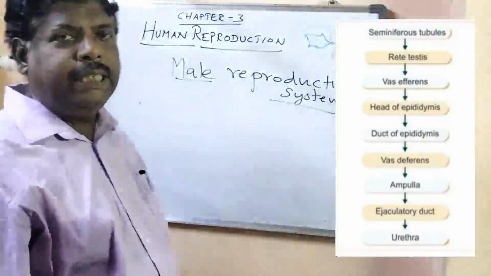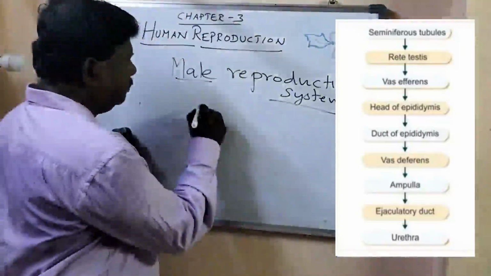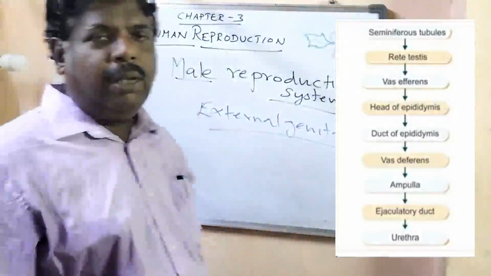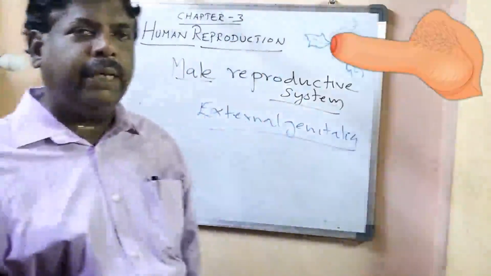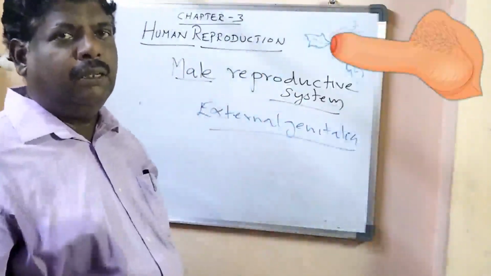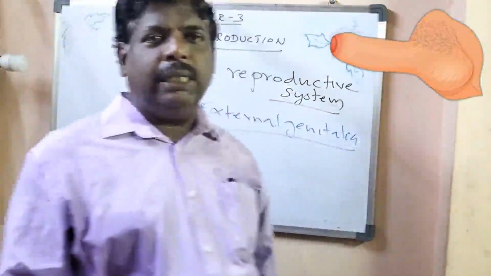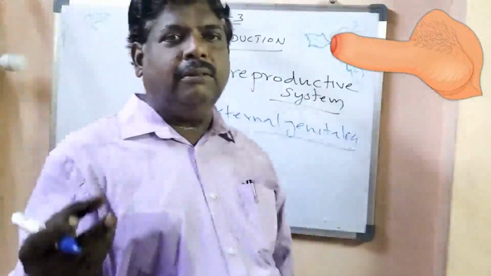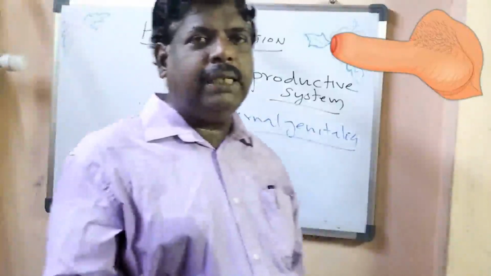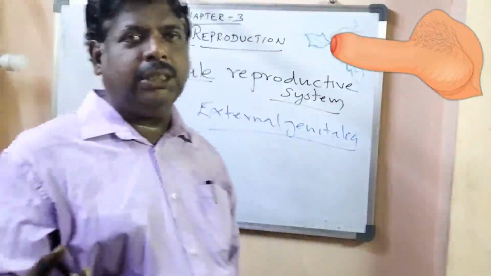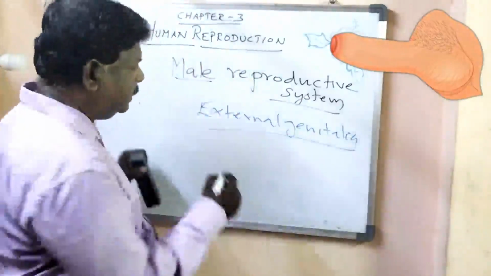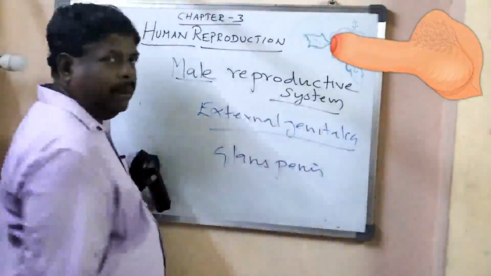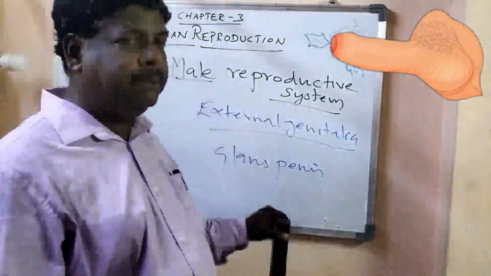Something about the external genitalia. It is nothing but the tubular structure called the penis. It has special tissue that helps in the erection of the penis. And the end portion of that has a swollen, large structure called the glans penis. A bulb-like structure at the end of the penis is called the glans penis.